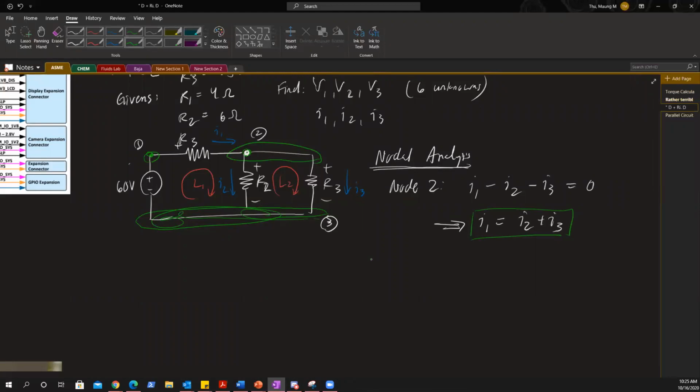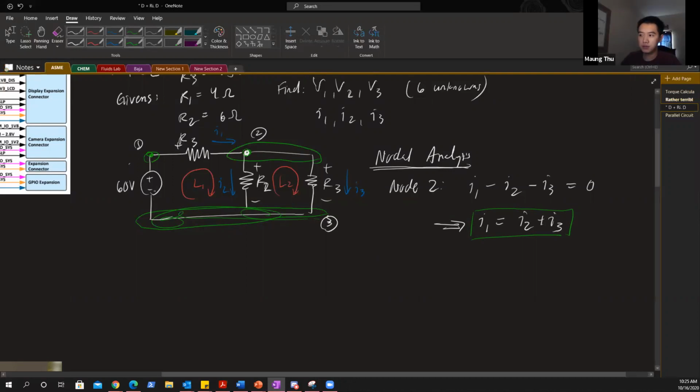Hey, so Gary, for the current, the reason that it's in that direction is because of the battery, right? Actually, it doesn't matter which direction you draw your current. It just needs to be consistent. So let's just say you decide to do it the other direction. All of the arrows need to be facing the other direction. It's really arbitrary.